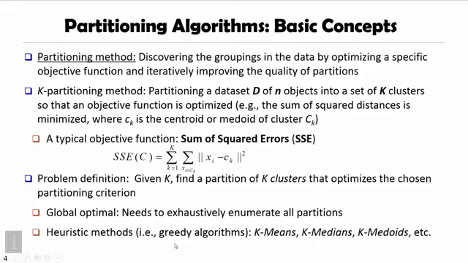So more realistically, we should use heuristic methods. That means greedy algorithms. For example, the typically used k-means, k-medians, k-medoids, and all the other methods are greedy algorithms or heuristic methods to find such a nice partition.